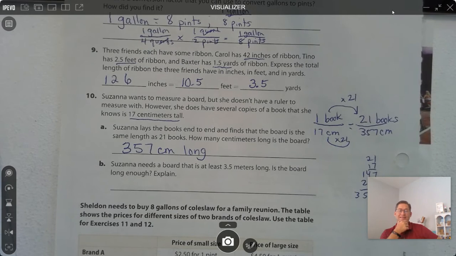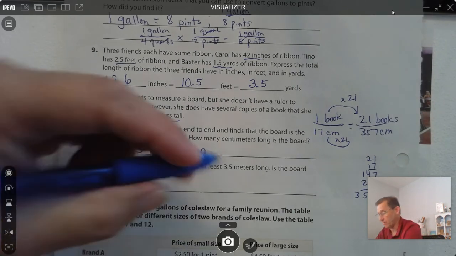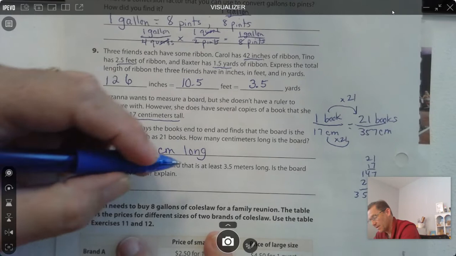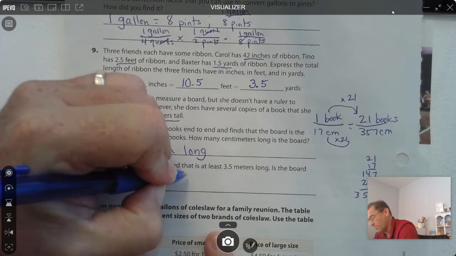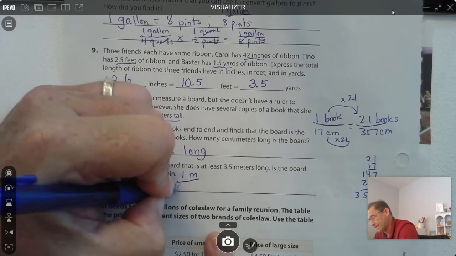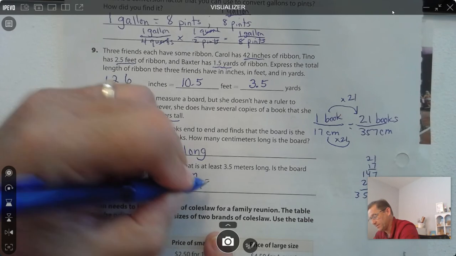Susanna needs a board that is at least 3.5 meters long. Is the board long enough? Well, how many centimeters are in 3.5 meters? That's basically what we have to find out. So let's see. 1 meter is the same as 100 centimeters.